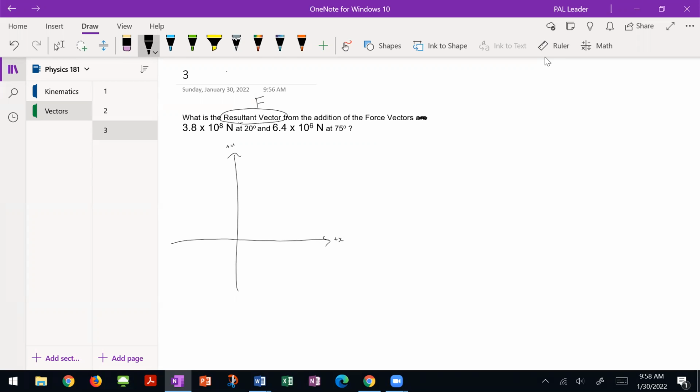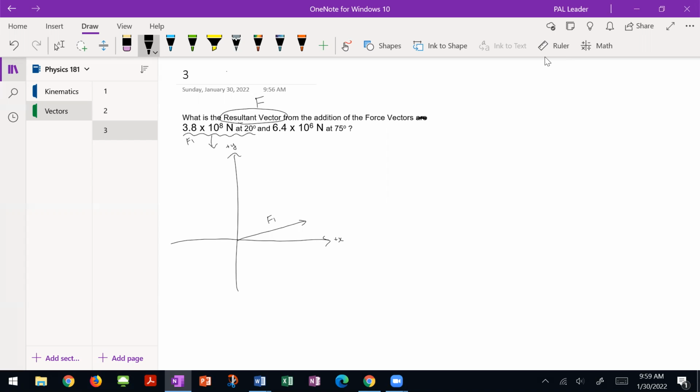This is positive y, right? This is what we're going to look at first. First, it's at 20 degrees, so it's pretty low, maybe something like that. So we know that this line is 3.8 times 10 to the power of 8 newtons. I'm going to call this F1.